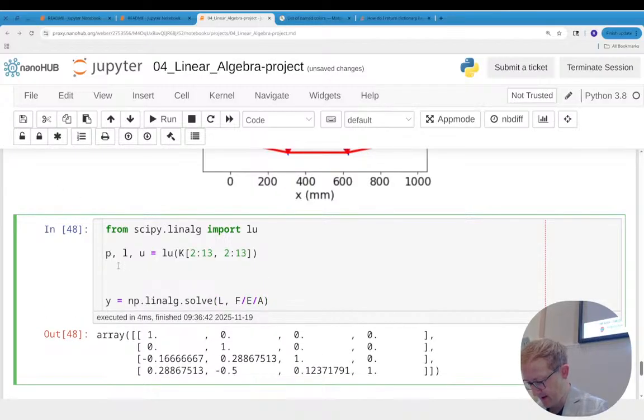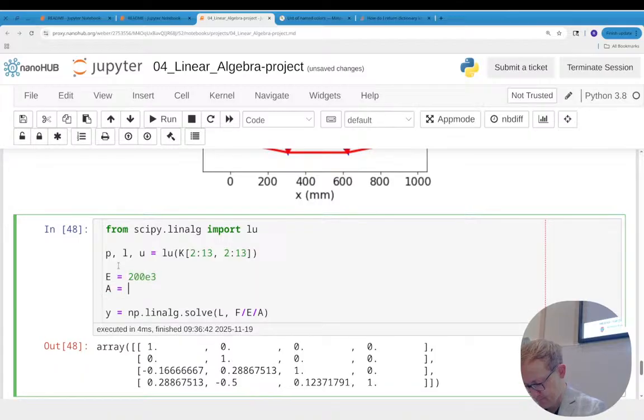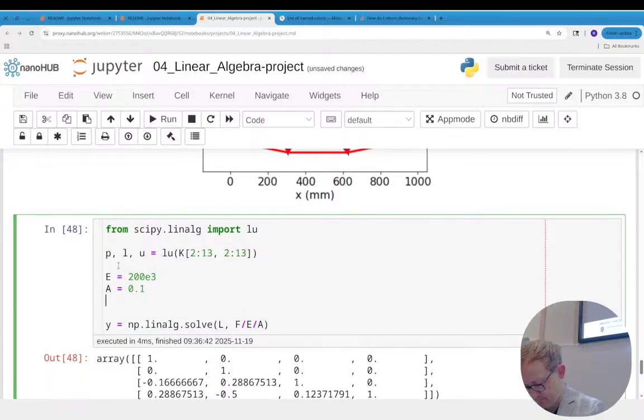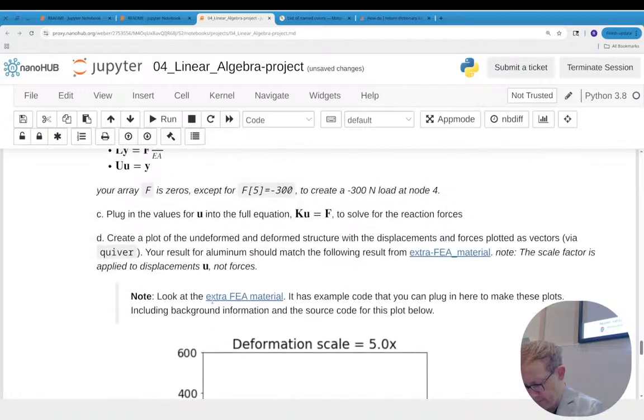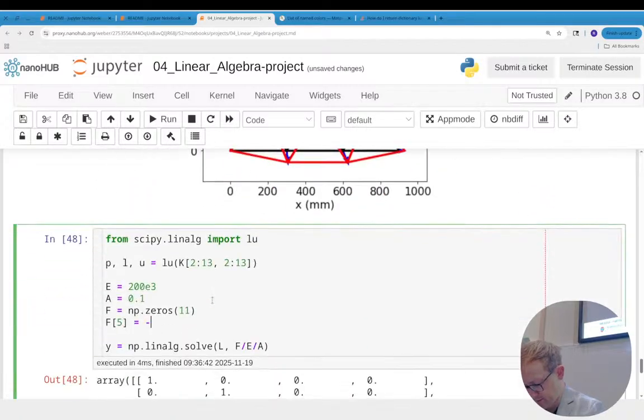Would probably help to have actual stuff in here, right? What are we doing? Negative 300.